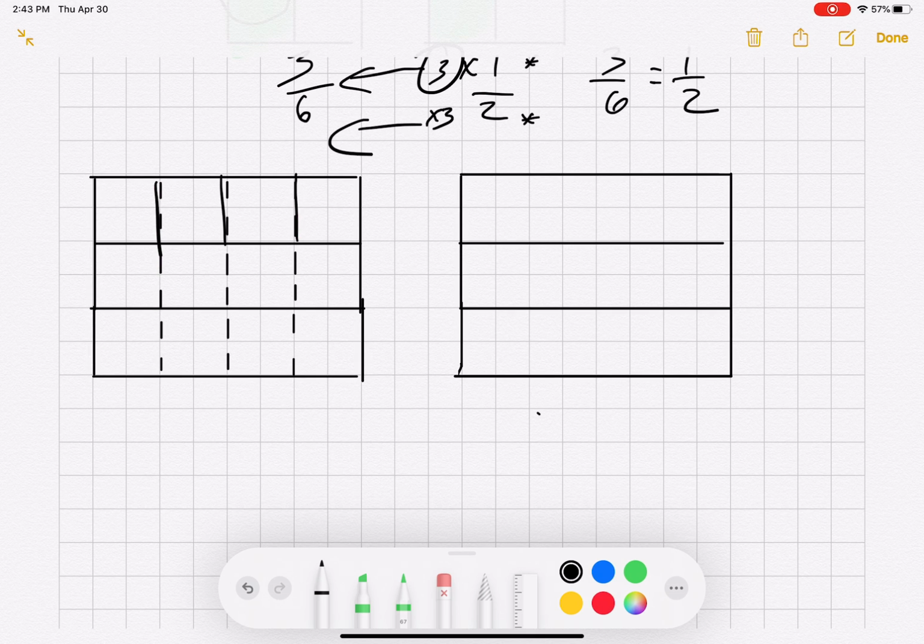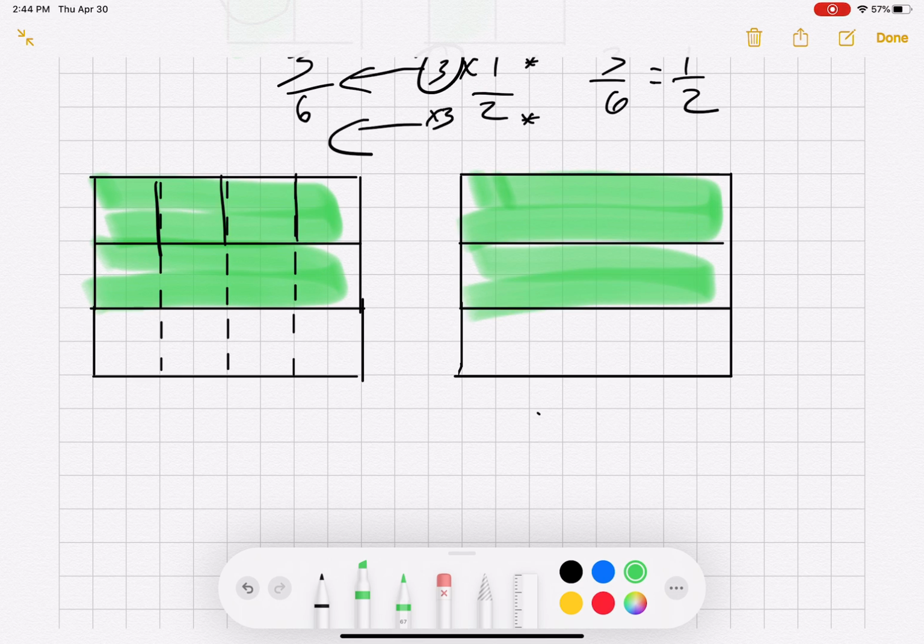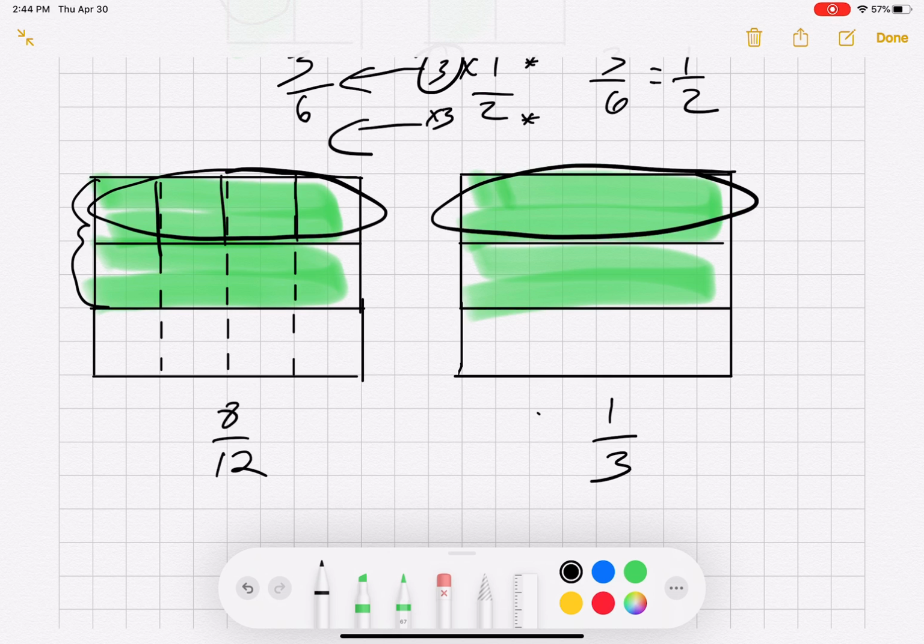Let's have a look here. I have the same shape again, divided up into different amounts. So this is 1/3, and this is going to be 8/12. I just want you to think about, do I look at both of these sections because they're both shaded, or do I just look and compare the one section?